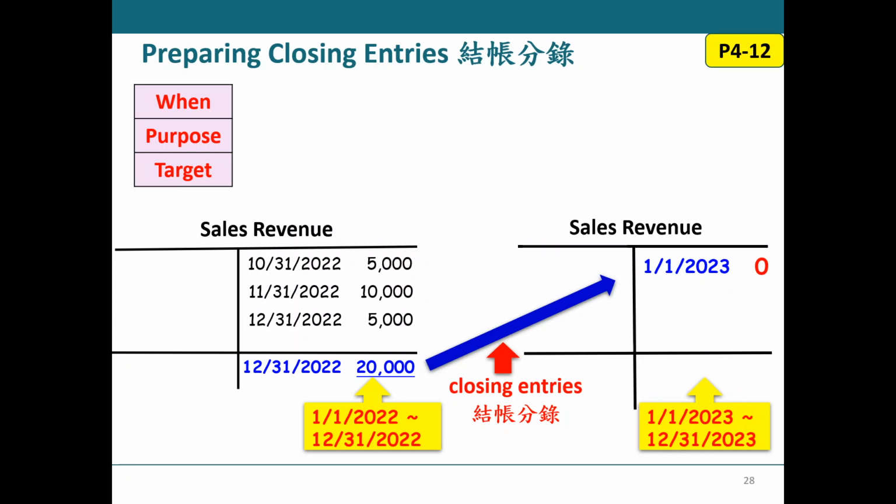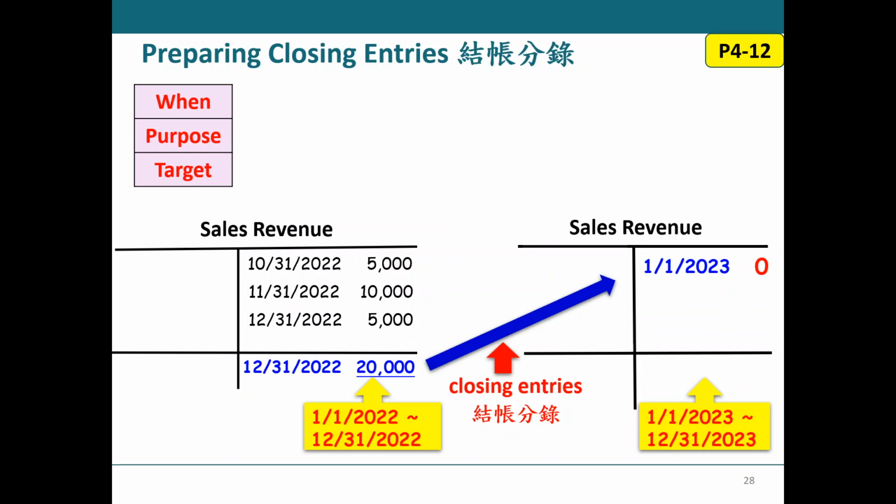Closing the book, we mentioned last week, right? That's the last step we need to do for the whole accounting cycle. 整个会计循环, this is the last thing we have to do.